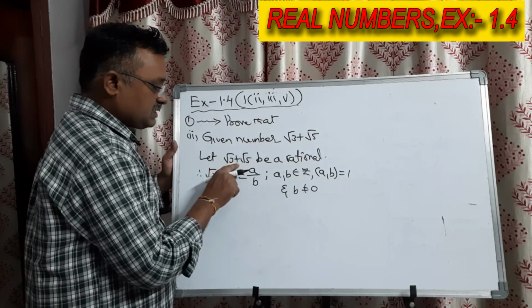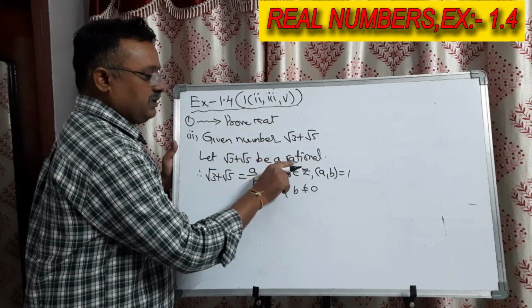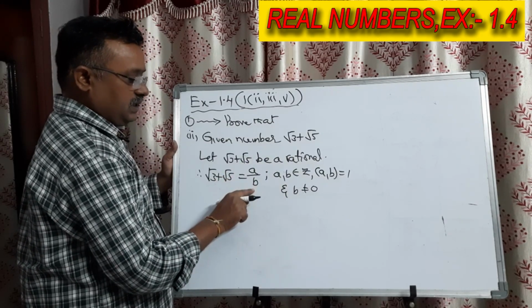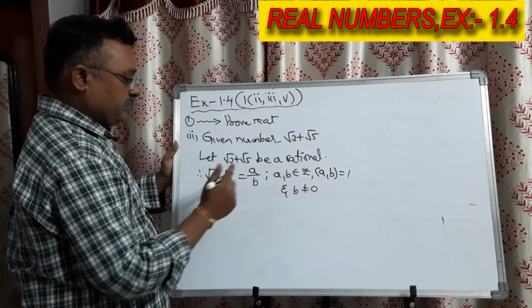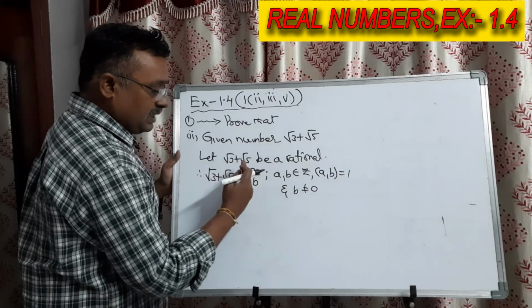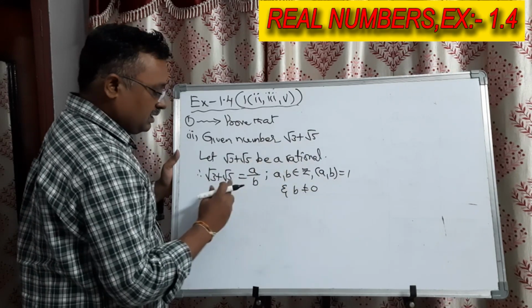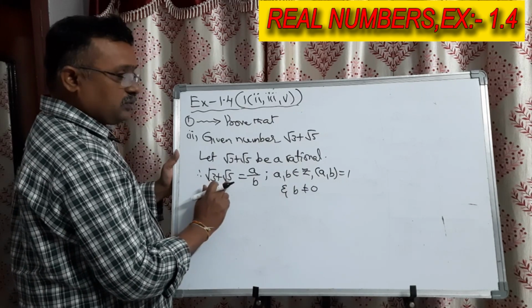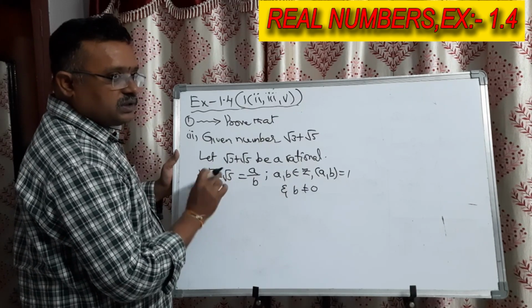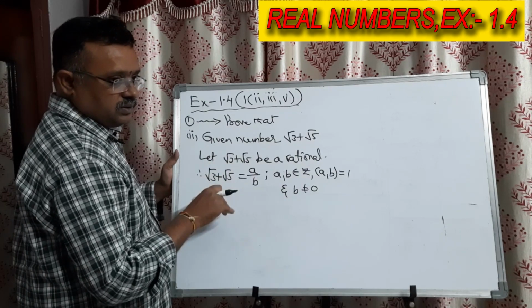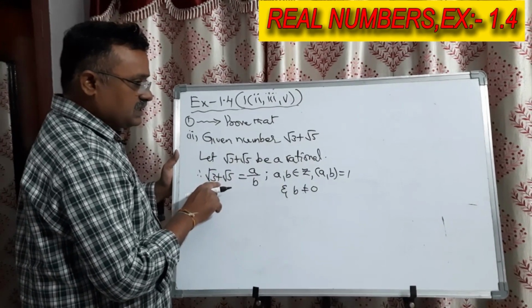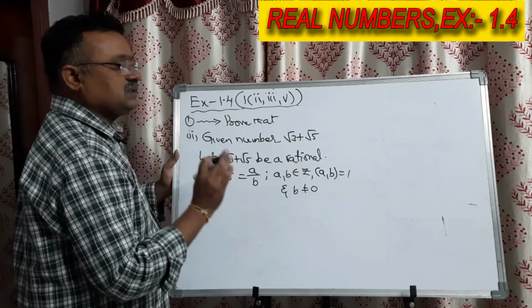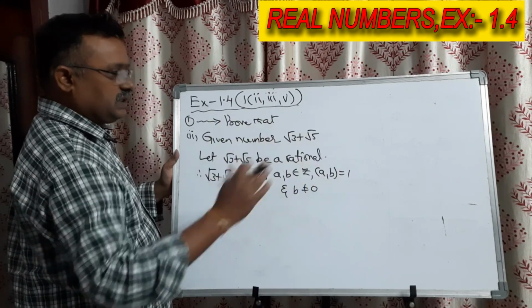So, this one we have contradictorily taken as rational, so that it can be written as a by b with this property. Since it is a by b, the right side is rational. On the left side, two terms are there, root 3 the first term, root 5 the second term. Both are irrational numbers, that we know. Since these two are irrationals, just do squaring on both sides.